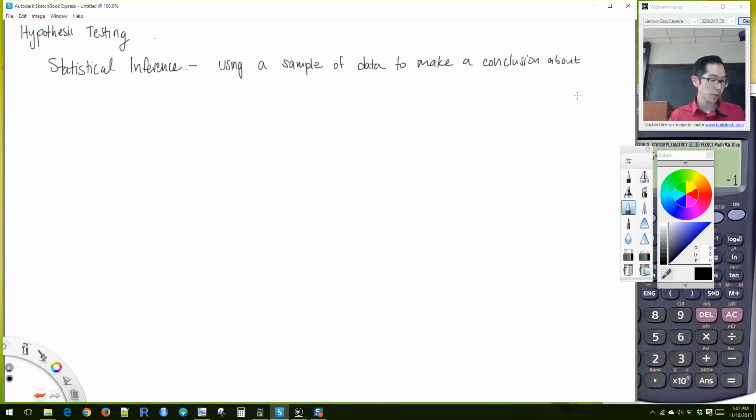Okay, it could be about the proportion, but specifically, what body are we trying to make a conclusion about? The population. That's what we want to make a conclusion about. And today, the types of conclusions we're making will be about the proportion that exists in a population. Okay, and next week we'll learn about making conclusions about the mean of a population.